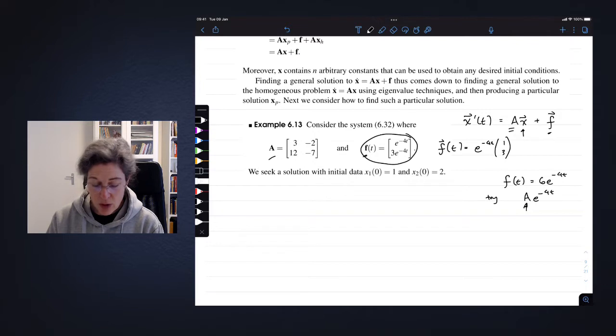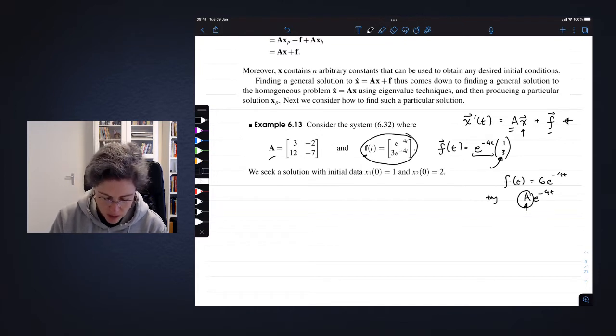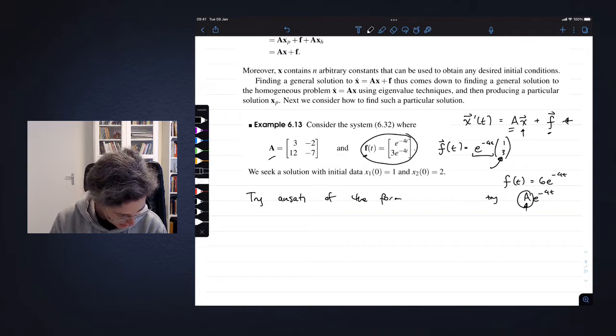So what we're going to do in this case is exactly the same, except we've got an e to the minus 4t here, which is the same, but what we've got over here is a vector of constants. So instead of just finding a scalar, when we're doing this for systems, we want to find some vector, which when I multiply it by e to the minus 4t, is a solution to the DE. So we're going to try an ansatz of the form, how am I going to write this?